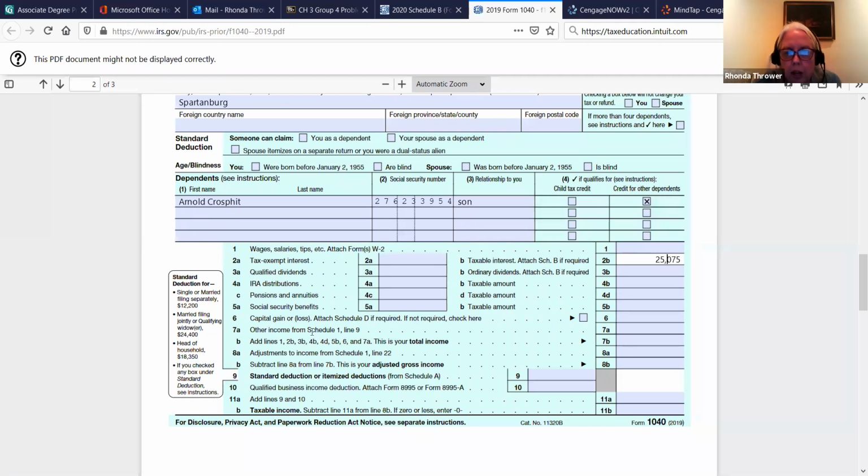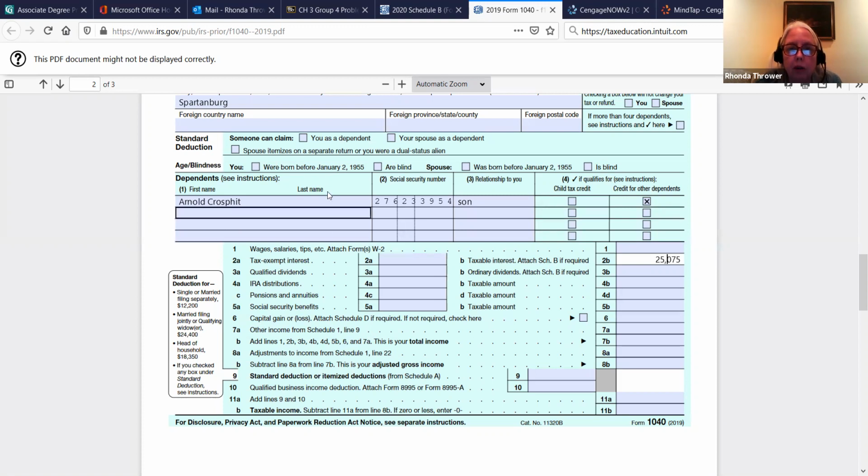So other income is the only place that we could find this. So we're going to need to fill out Schedule 1, and it says line 9. And technically, before you do Schedule 1, line 9, you've got to do Schedule C.